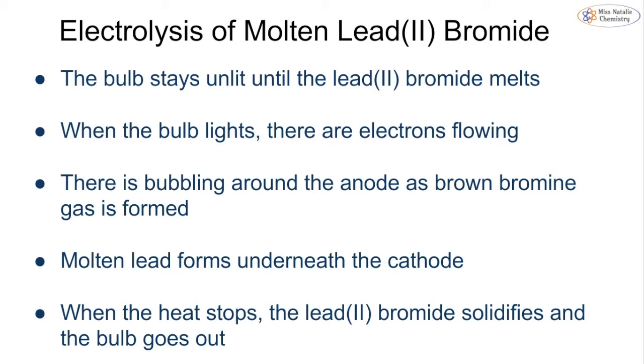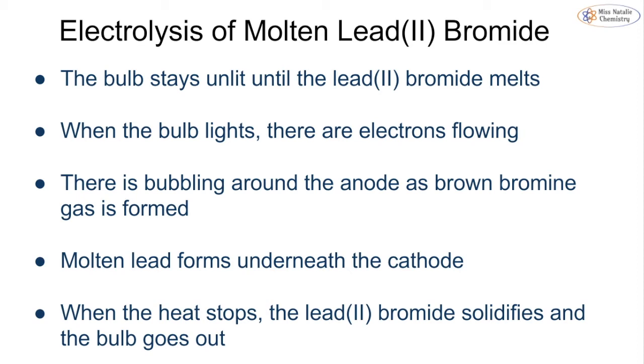To summarize this in terms of the overall reaction, we leave our bulb unlit until the lead bromide melts. Once it lights, we have our electrons flowing and the electricity passing through the wires, and we are getting this reaction happening. As we leave it, we start to see the bubbling and that brown gas being formed at the anode, and then the molten lead forming underneath the cathode.